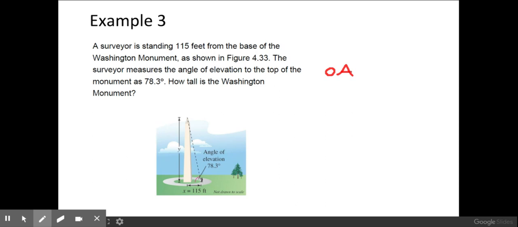So if you think of SOHCAHTOA, tangent goes with opposite and adjacent. So that is the trig function we would want to use. So tan, and you always put the angle next to the trig function. So tan of 78.3 is equal to the opposite side, which is y, over the adjacent side, which is 115.